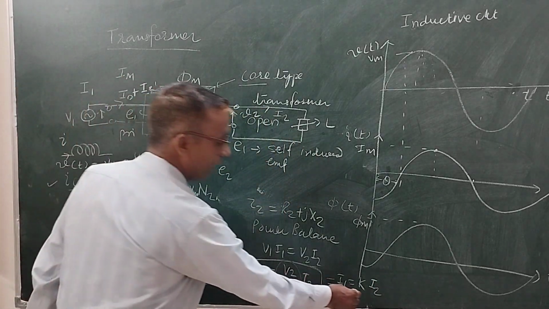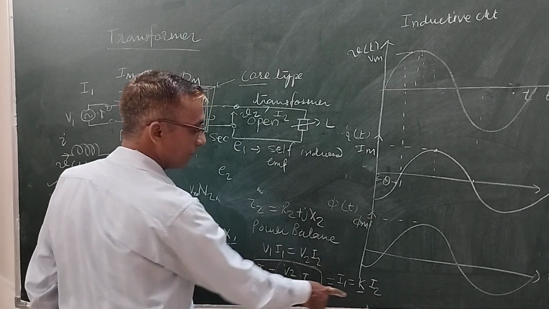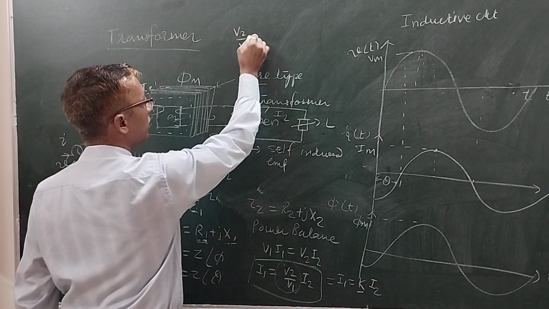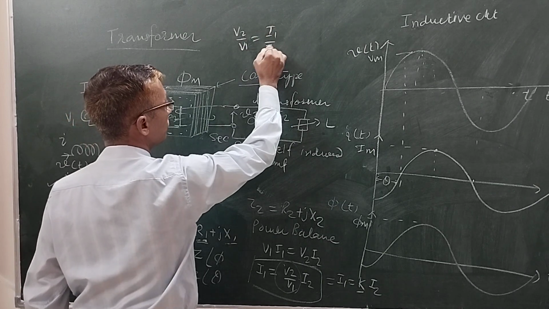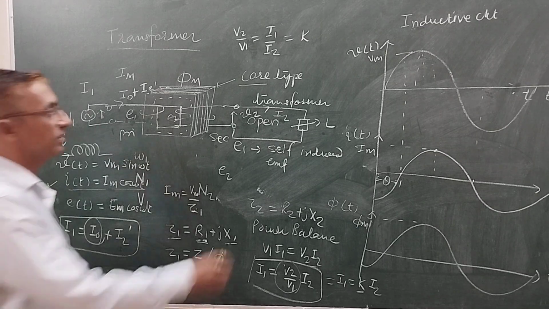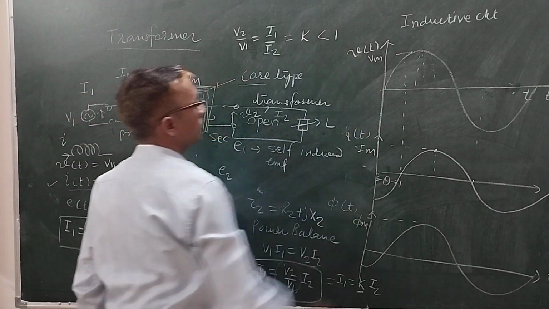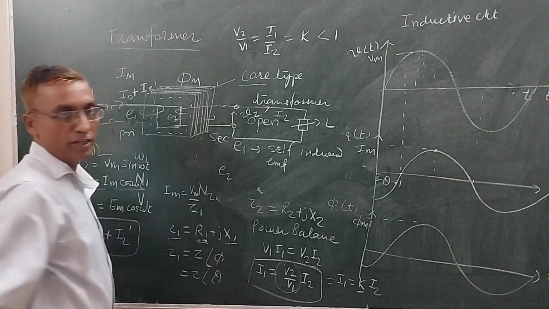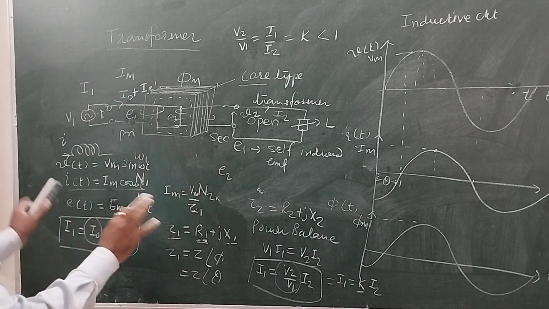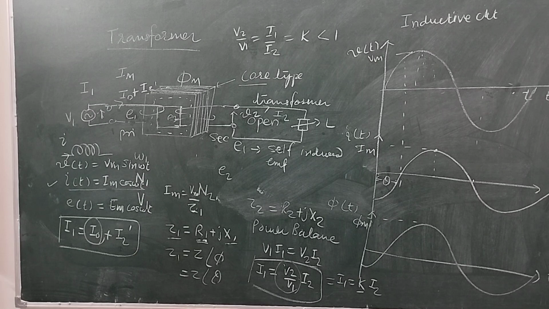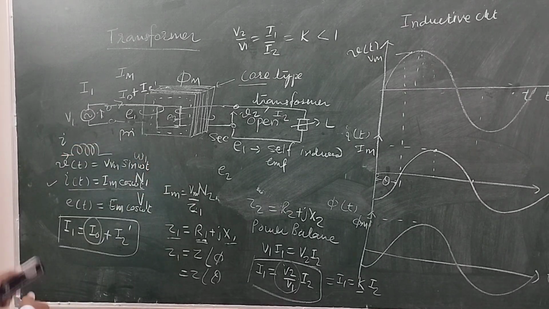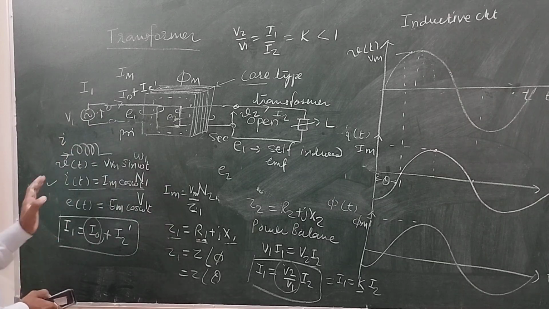So henceforth I will not write V2 upon V1, but K. If I define V2 upon V1, it is I1 upon I2 equal to K. Normally the transformation ratio is always less than 1, if I refer to the secondary side voltage V2 as the lower voltage. Now this is the general mathematics of the transformer. But as soon as you define any vector quantity, I have to define the waveforms. So let us try to draw the vector diagram of this transformer.